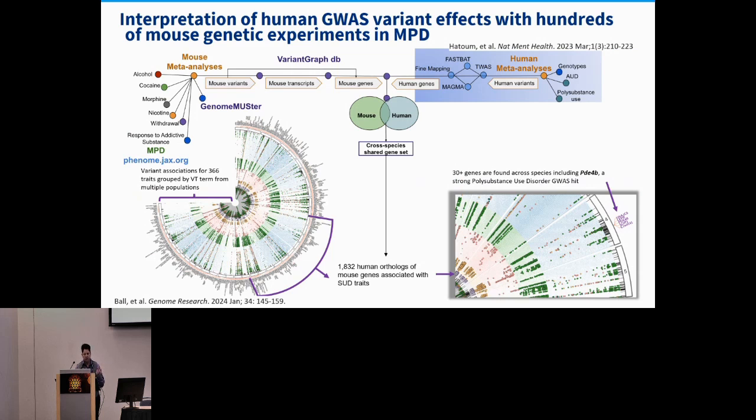We've got a lot of data in MPD. So we have this ontology term, response to addictive substance, which is this blue ring here. And then we have cocaine, which is this green ring, alcohol, nicotine, and then also the withdrawal response, right? So we can do these different meta-analyses across all these different substances.